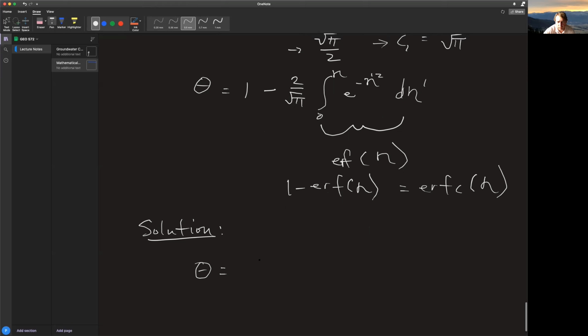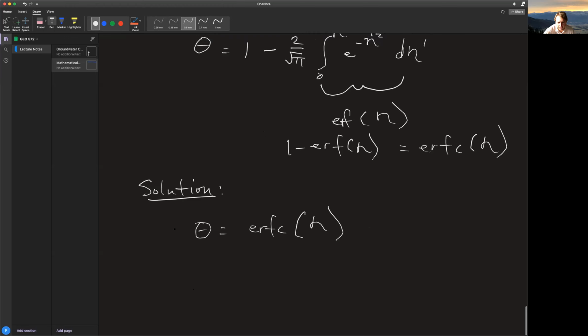Theta is equal to ERFC of eta. And now I'm just going to substitute in my definitions for theta and eta. I get (T minus T naught) over (TS minus T naught) is equal to ERFC of z over 2 square root of alpha t.